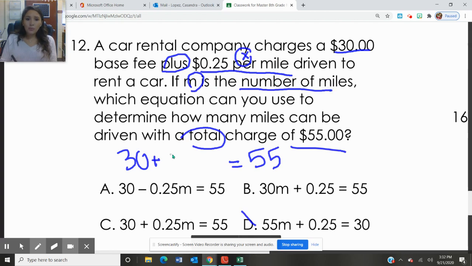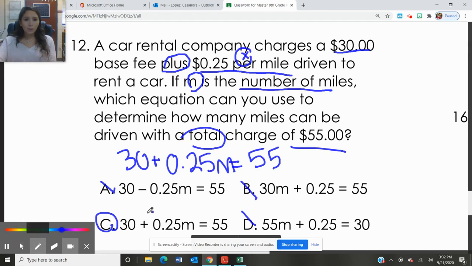So this can be represented as 0.25 m, which would mean the correct answer is C. A is wrong because it used the incorrect sign. It was subtracting, and we wanted to add because we wanted to know the total charge. And then with B, they placed the variable on the wrong number. They placed it with 30 whenever it should have been placed with 0.25. Okay, so again, our correct answer is C.